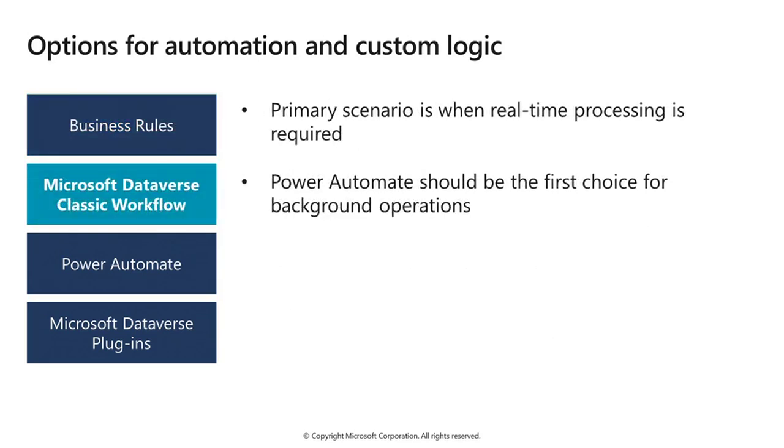The second one is, of course, the Dataverse classic workflow. The primary scenario is when real-time processing is required. So when it comes to real-time, we are still at this time where we need to use the classic workflow. And Power Automate should be the first choice for background operations.